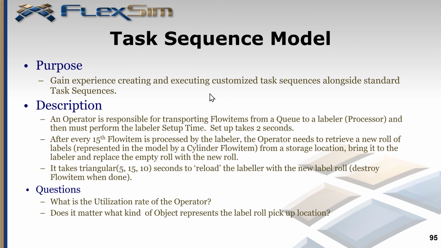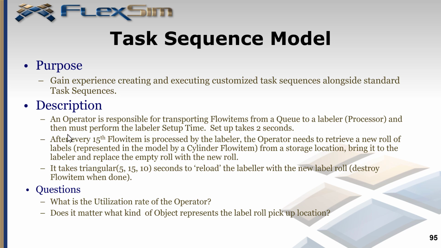Now it's your turn to try creating and executing a customized task sequence using a process flow. The description of this model is simple. An operator is responsible for transporting flow items from a queue to a labeler, which is represented with a processor object, and then must perform the labeler setup time, which takes 2 seconds.